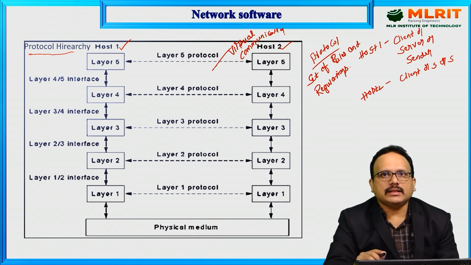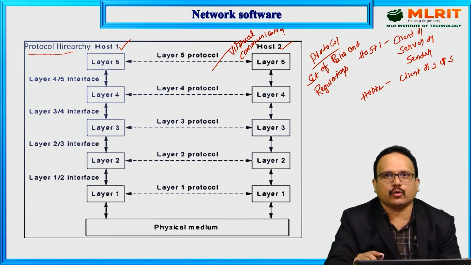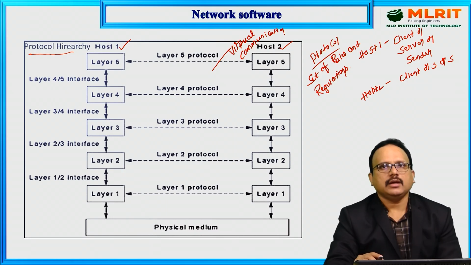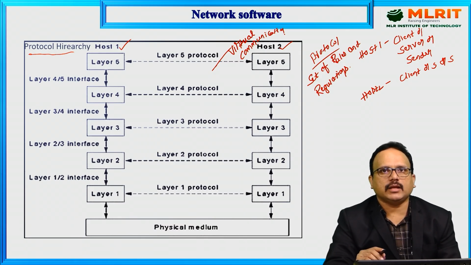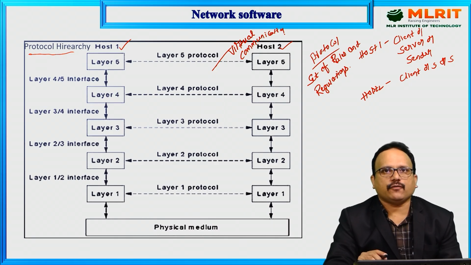That communication is done with the help of the layer 5 protocol. That means each and every layer will have a protocol according to the layer number. So we have the layer 5 protocol, which specifies some set of rules and regulations. With the help of those rules and regulations, layer 5 in host 1 will establish a virtual communication with layer 5 in host 2.